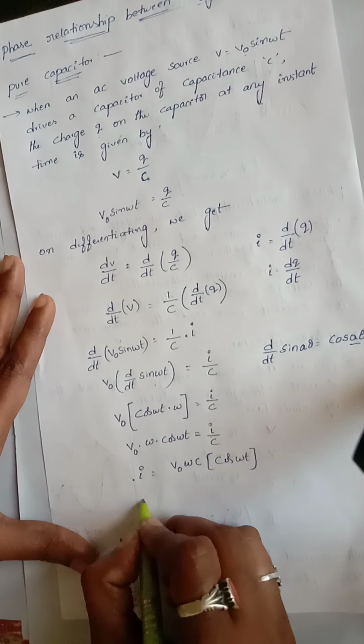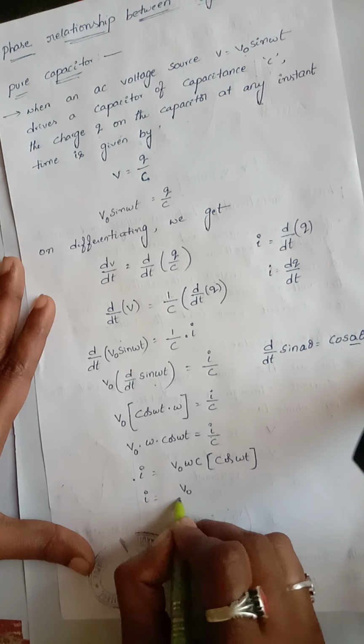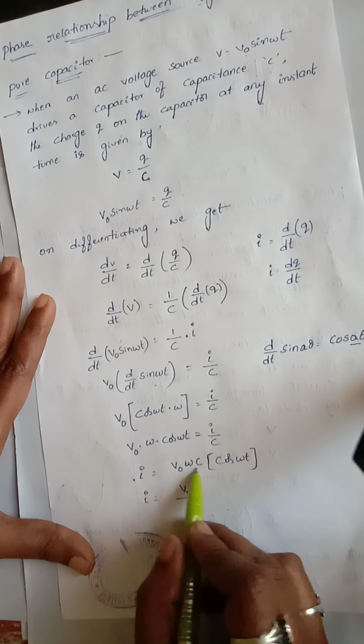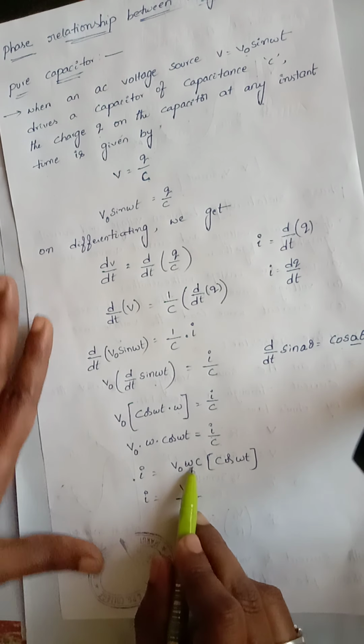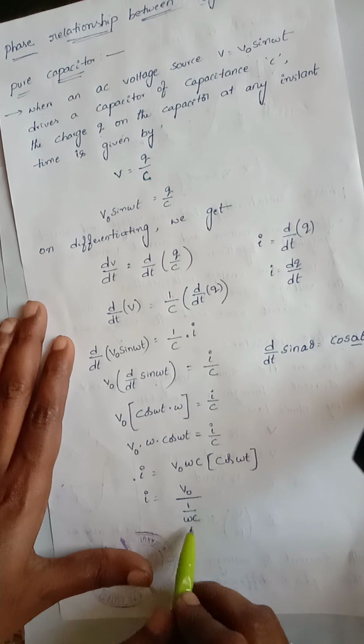Here I equals V naught divided by 1 by omega C, times cos omega t.